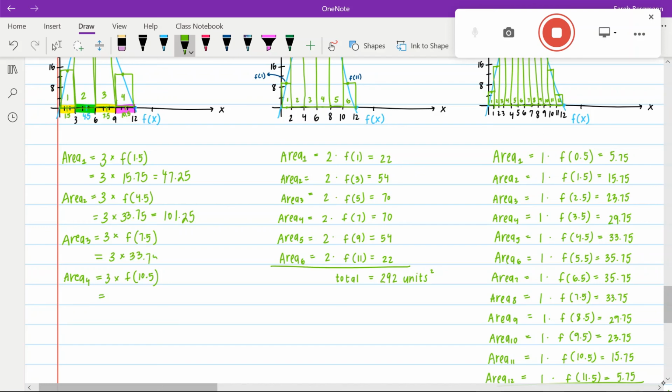Again, that gives me 33.75. So I multiply it. The area of my third rectangle is the same as the area of my second rectangle. Last but not least, for my fourth rectangle, I need to plug in 10.5 for the height. The height is 15.75, which gives me an area of 47.25.